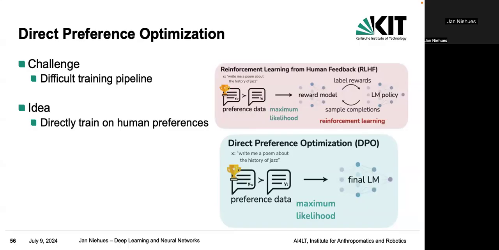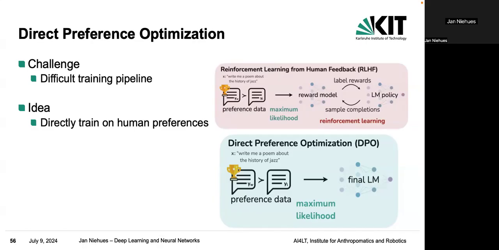Then we use this reward model to improve our LM, our language model, which is like the policy, so what actions to take, if you see it more in a reinforcement learning scenario. Of course, you have only an implicit connection between your data and the LM policy, and setting up this training is a bit difficult.